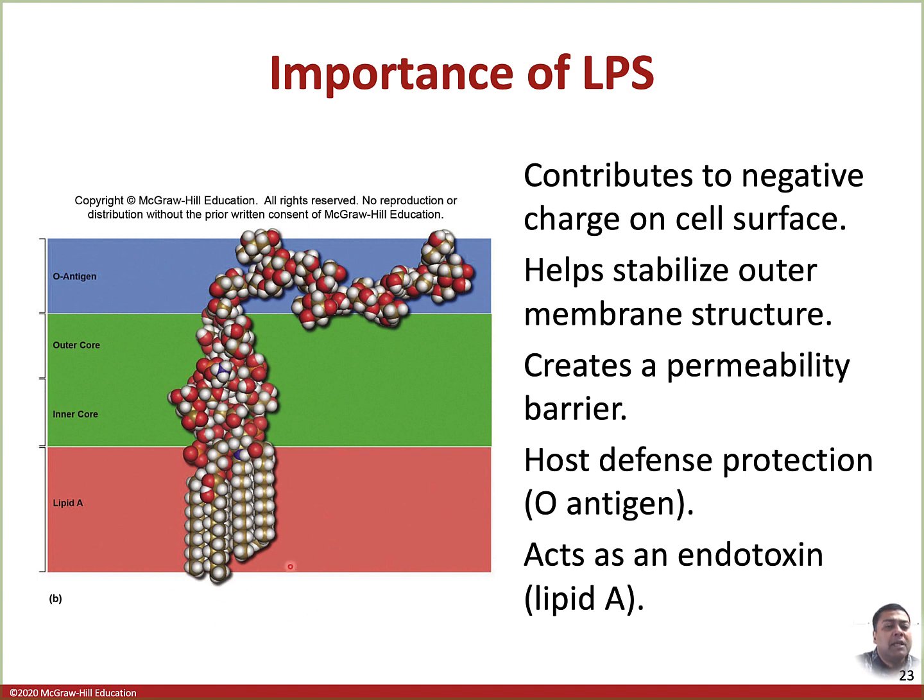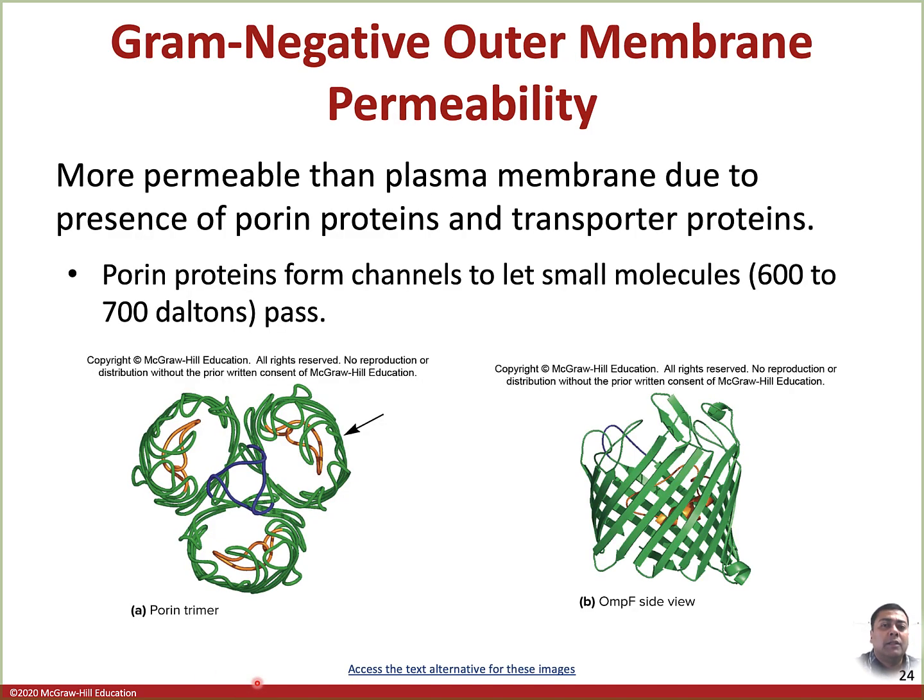When gram-negative bacteria die, their cell wall disintegrates, and the lipid A can react with the neutrophils and cause hyperreactions, which we call endotoxic shock. That is possible after taking antibiotics in a severe bacterial infection. We're going to talk about that somewhere else.